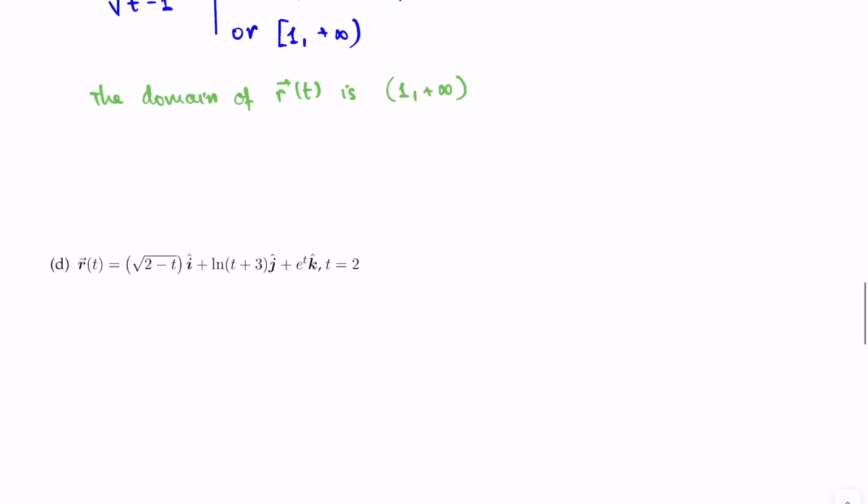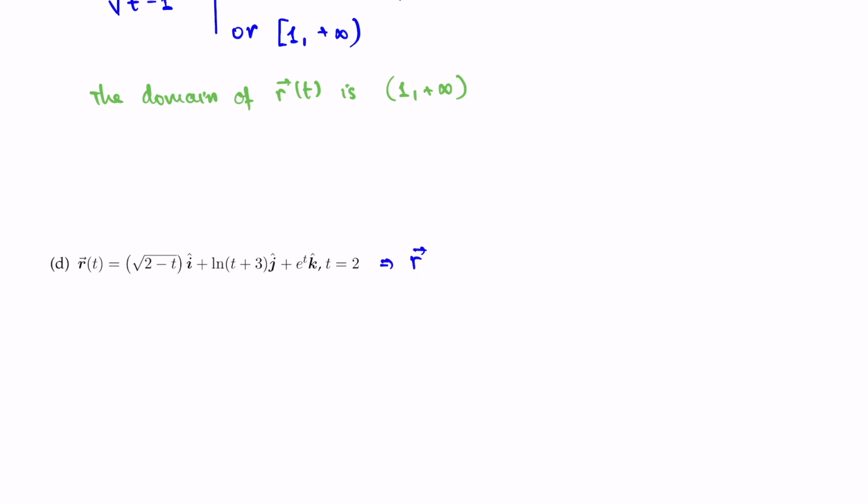For the last example in this category, you have the vector valued function square root of 2 minus t i plus ln of t plus 3 j plus e to the t k, and you want to evaluate this vector valued function at t equals 2.